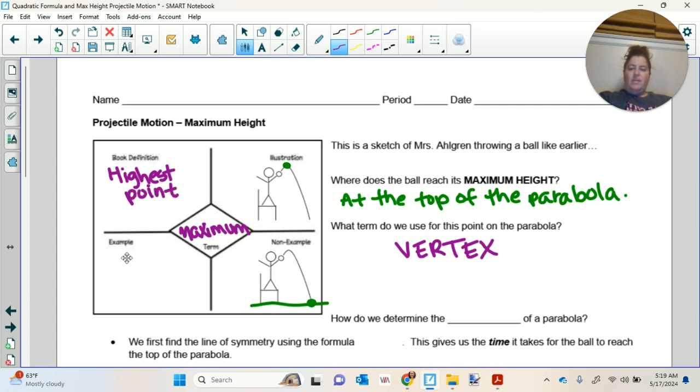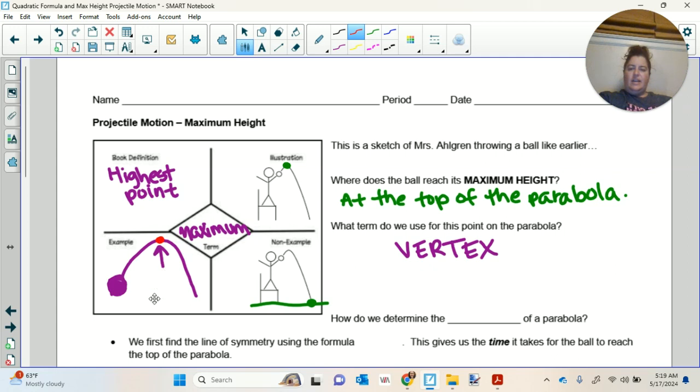And so, again, if we're thinking about a rocket launching, you could draw a little picture here if you want. But if we think about some other sort of object, like a ball going up in the air, coming down, we are looking for this spot at the top.